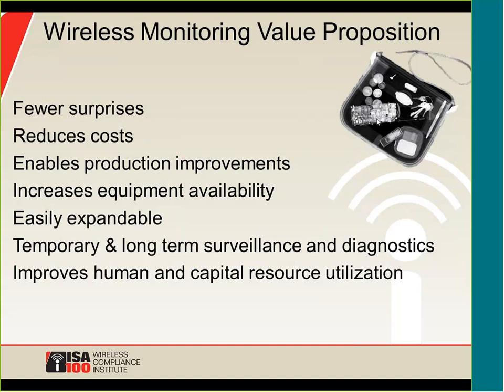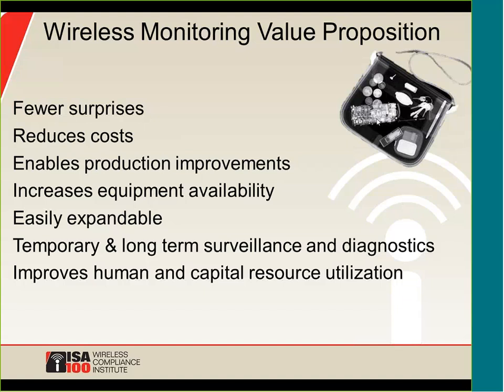So bottom line, what's the real value that wireless monitoring brings to the condition monitoring field of play? Well, with condition monitoring in general and wireless specifically, you have access to bringing in data from more assets more economically. What this does for you is reduce surprises.